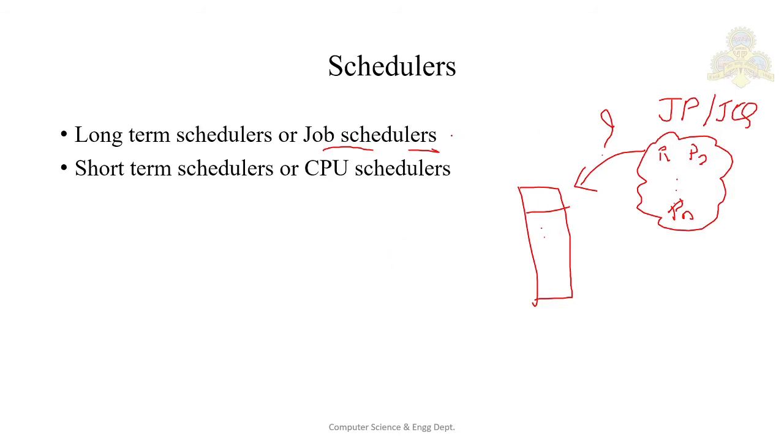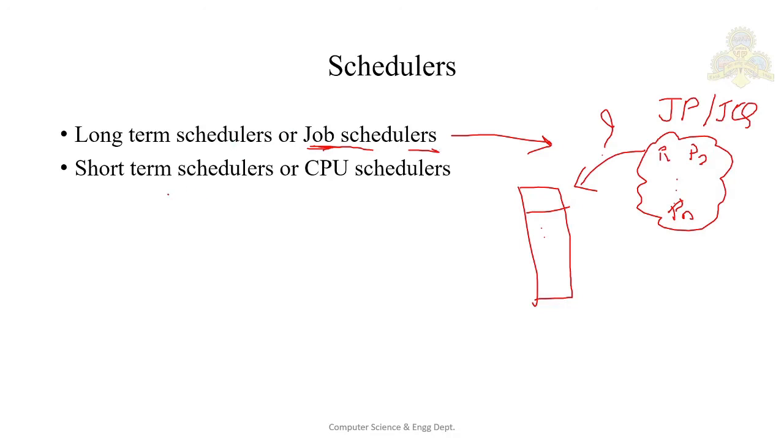This is the work of the long-term scheduler or job scheduler. As the name suggests, these are the jobs or processes. The group of processes has to be selected, moved and placed into the main memory. This work is done by your long-term scheduler or job scheduler.